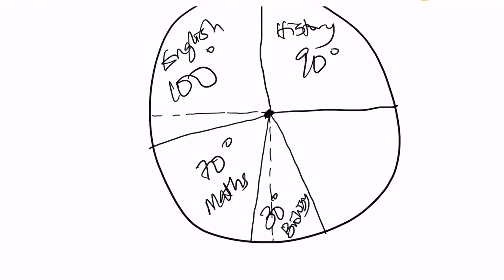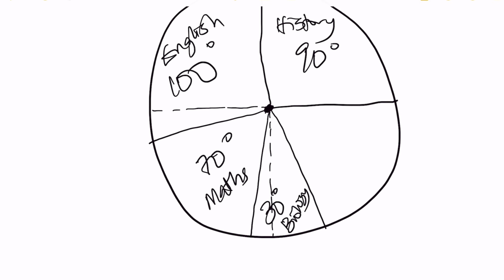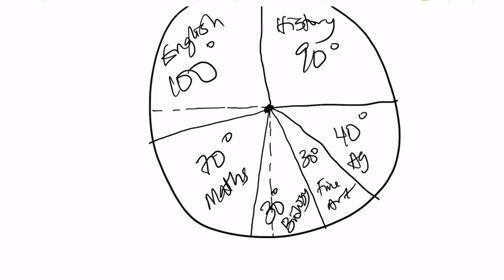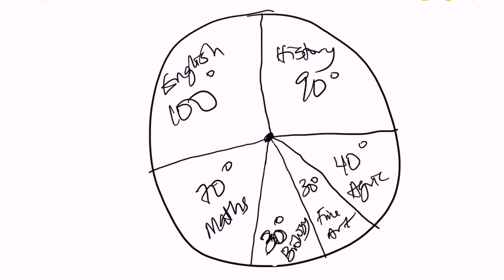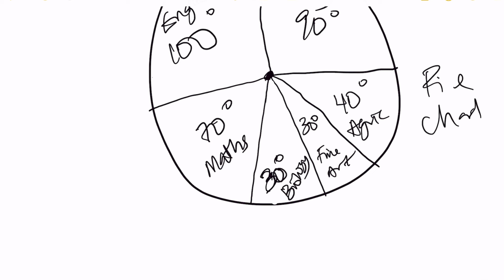Then we have 70 here, which is for agric and fine arts. So we can just draw another 30 here, and we have 40 degrees for agric. So this is our pie chart. We've constructed our pie chart.